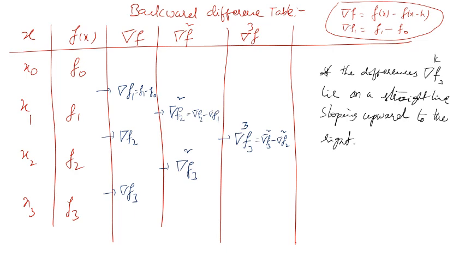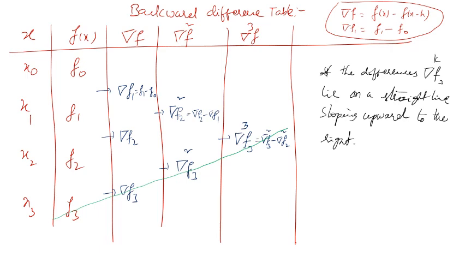Let me draw this one, this backside, f3, del f3, del square f3, and del cube f3. And the values on this straight line are useful in backward difference interpolation formula. That is why we are noting this straight line.